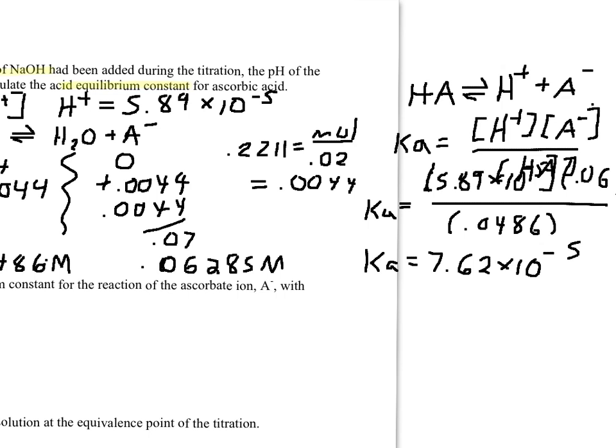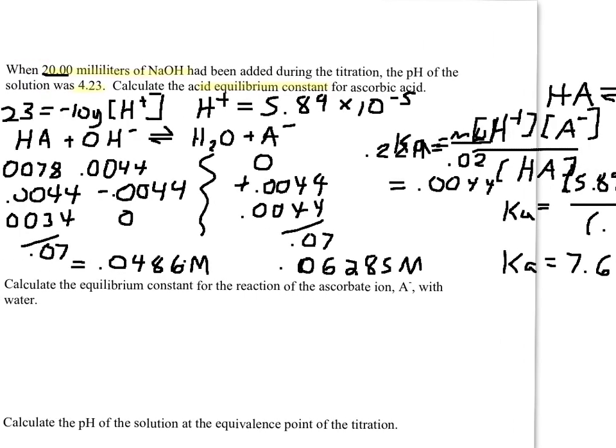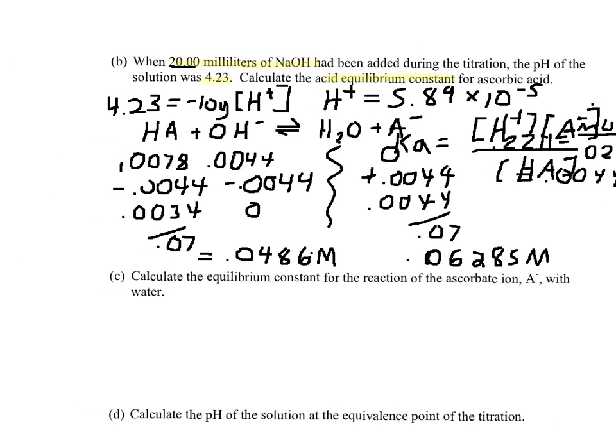Now this isn't the only way that you can go through and do this. You can actually skip this step up here and just go ahead and do this part right here.